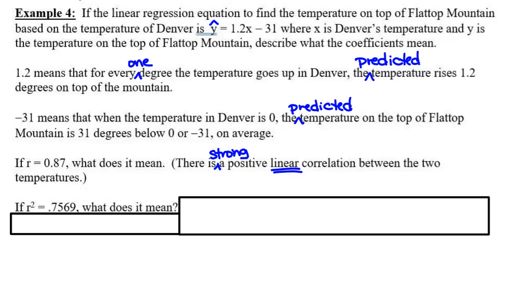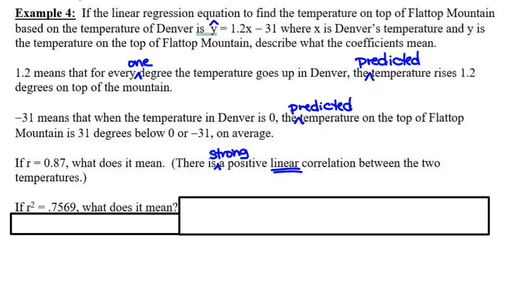And then r squared, 0.7569. What's that telling us? 75.69% of the variation in temperature on Flat Top Mountain.